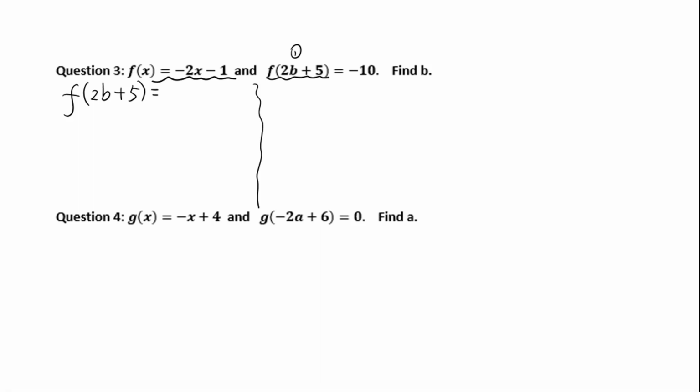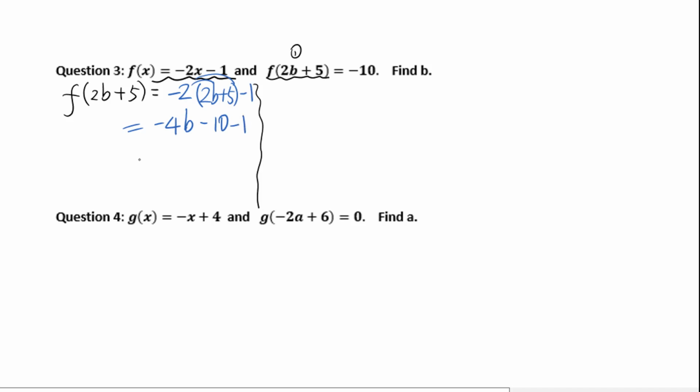Therefore, negative 2 times 2b plus 5, that minus 1. Distributive property, you will get negative 4b minus 10 minus 1. Combine like terms, negative 4b minus 11.